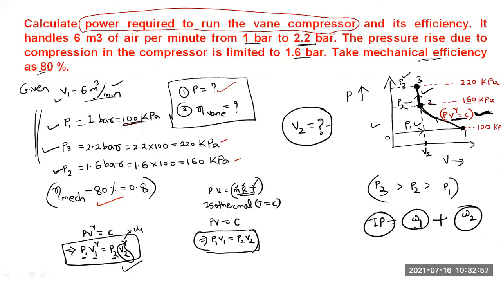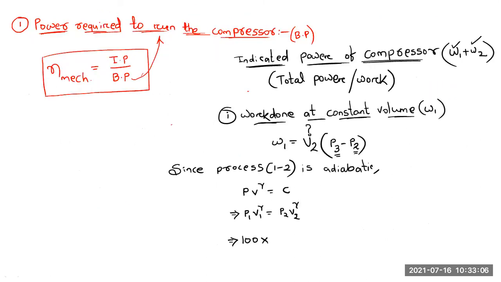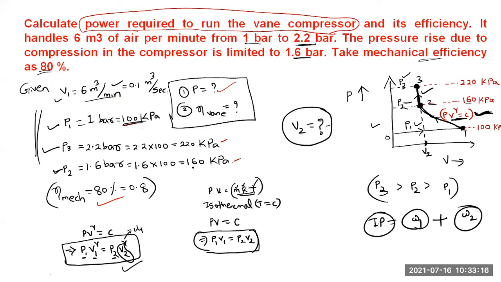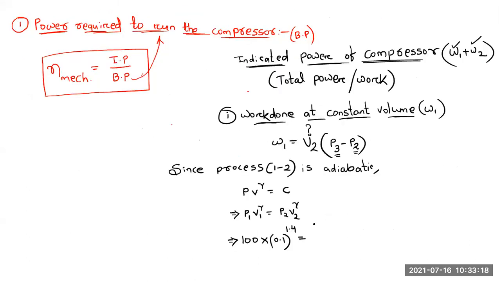what is V1? V1 is 6 meter cube per minute, which is equal to 0.1 meter cube per second. So in place of V1, we will write 0.1 whole to the power gamma, 1.4, is equal to P2. P2 value is 160 kilopascal, into V2.